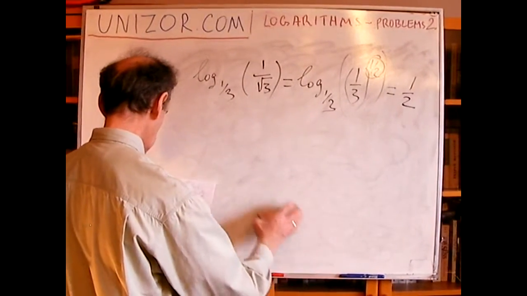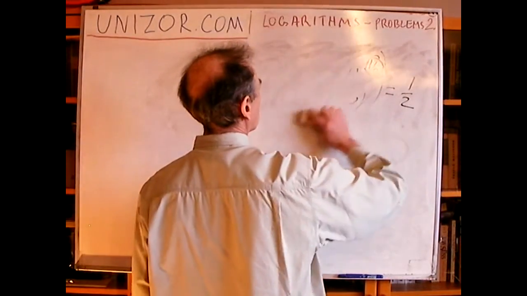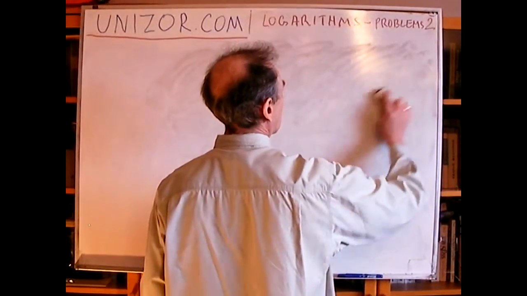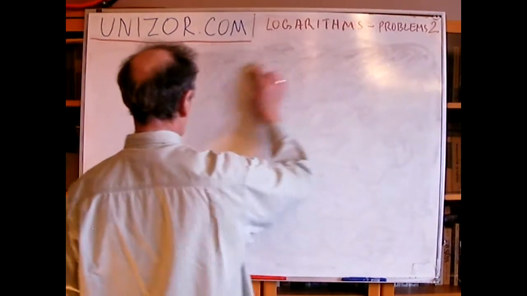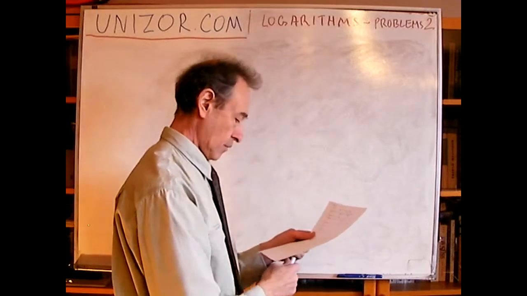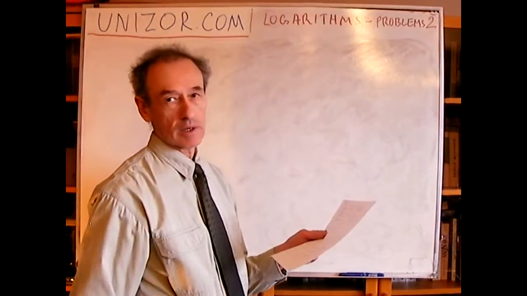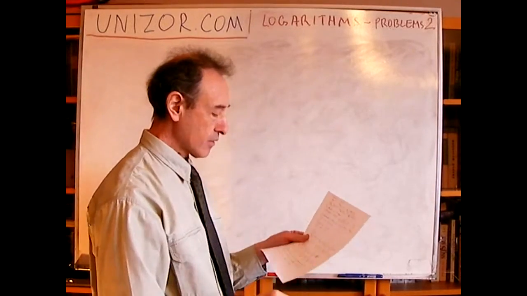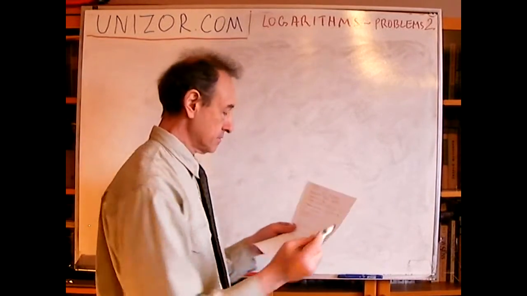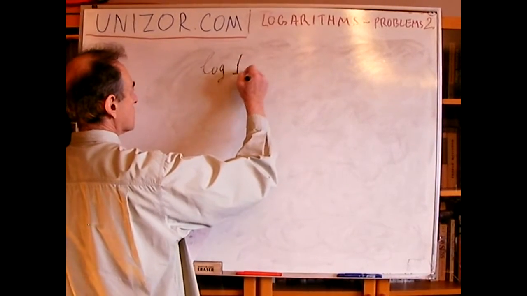Okay, that was the last one of this series, and then I have the last series of problems of the same kind of difficulty, or easiness if you wish. Well, actually they are much easier. So we're talking about common or decimal logarithm, which is the logarithm base 10. So the question is, what is this?